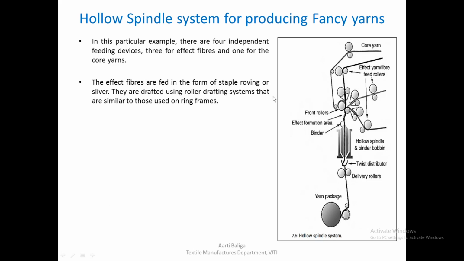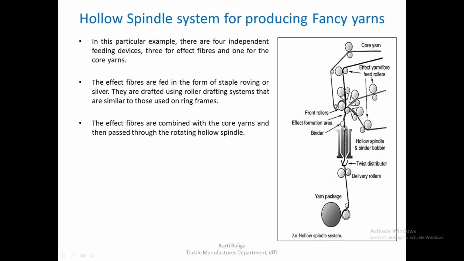The effect fibers are fed in the form of staple roving or sliver. They are drafted using roller drafting systems similar to those used on ring frames. The effect fibers are combined with the core yarns, and then they are passed through the rotating hollow spindle. We know that whatever material passes through the hollow spindle will come out without being twisted, just like how we produce the fasciated yarn in the normal yarn.